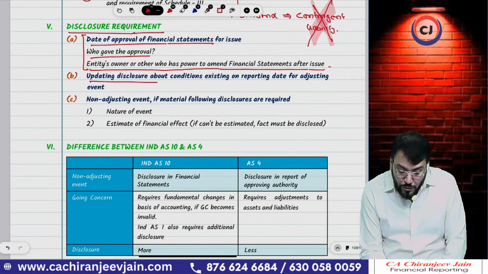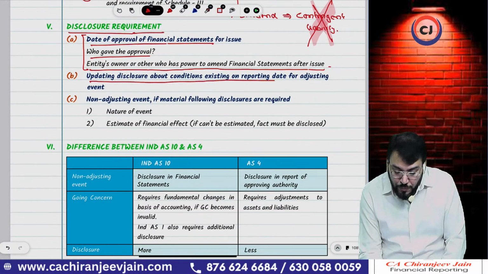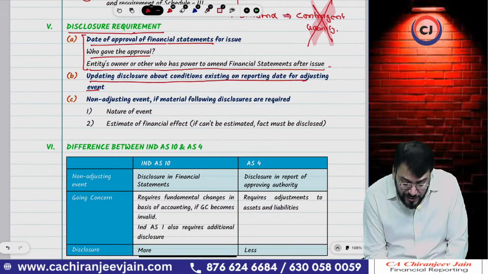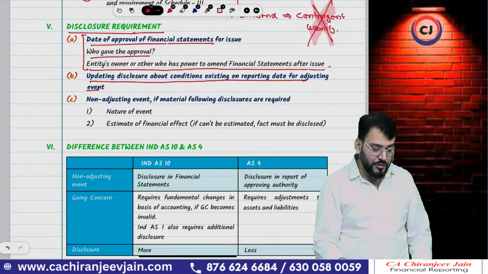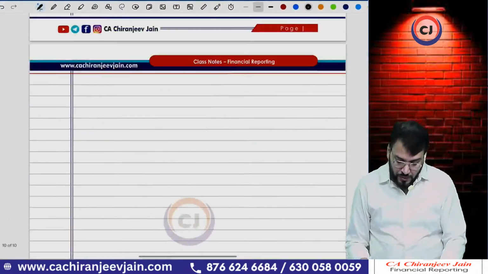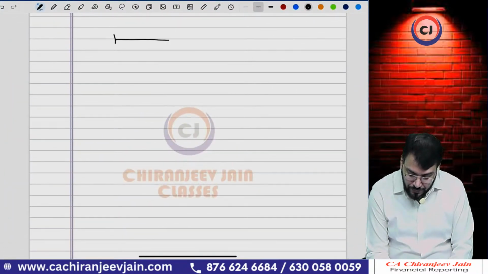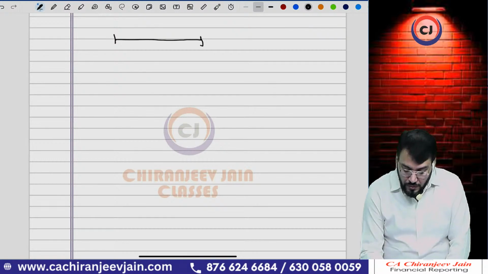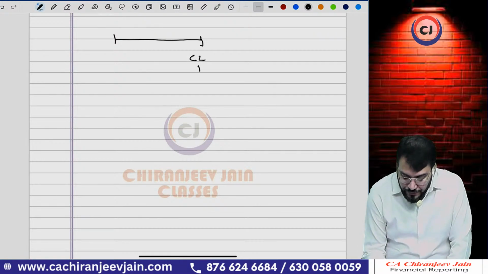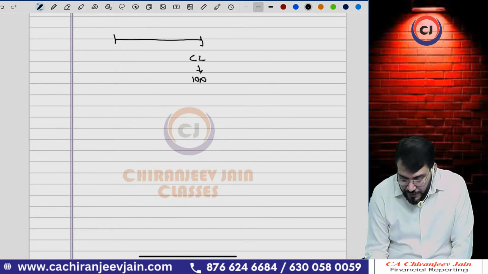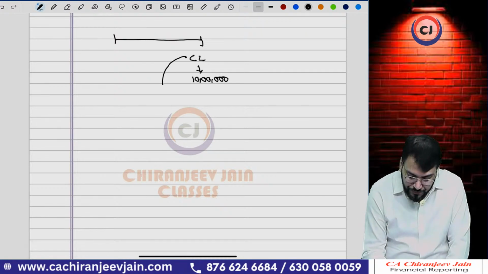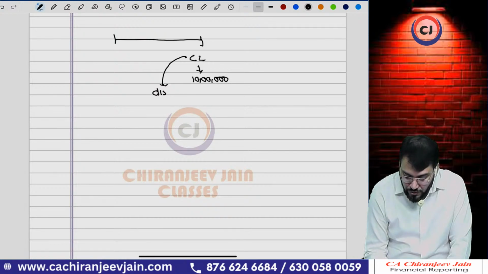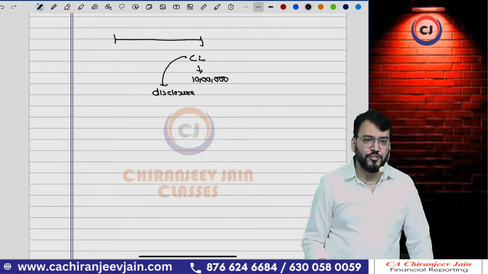Then, updating disclosure about condition existing on reporting date for adjusting event. Just try to understand one example. Suppose there was a contingent liability of rupees 10 lakh. Contingent liability means disclosure, because there was a possible obligation.